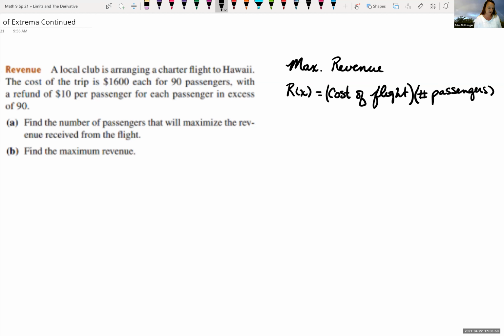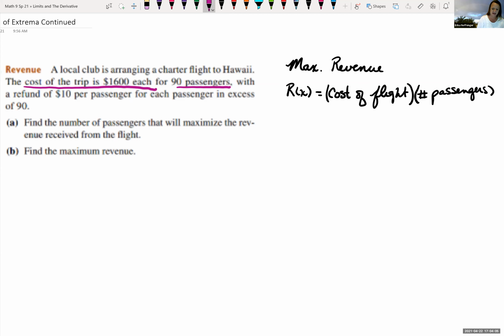So we need to write this out and pick out what we know. The trip is going to cost us $1,600 for each of 90 passengers.